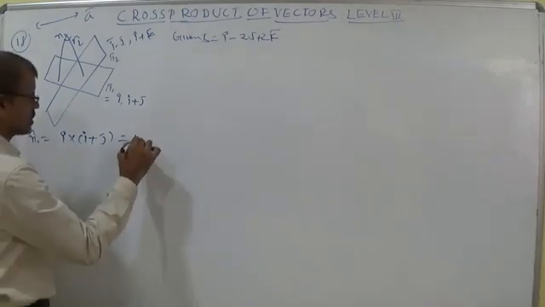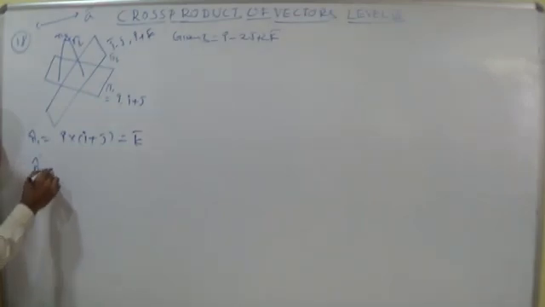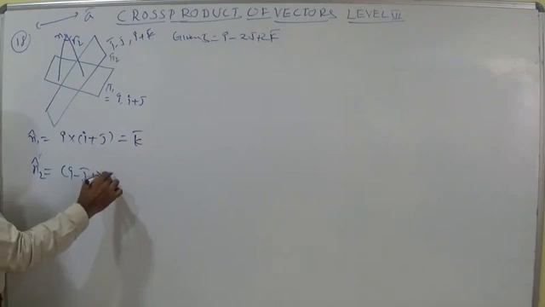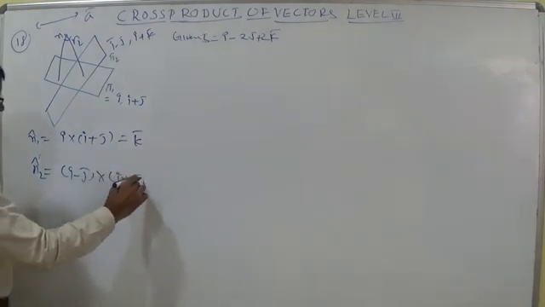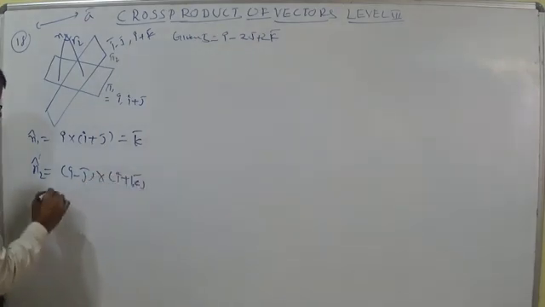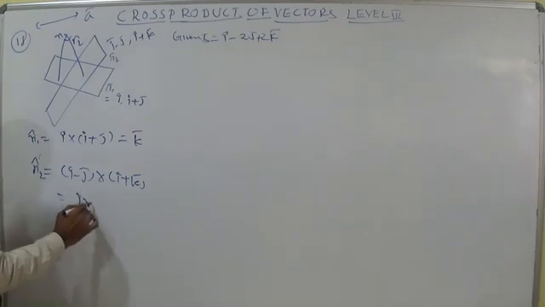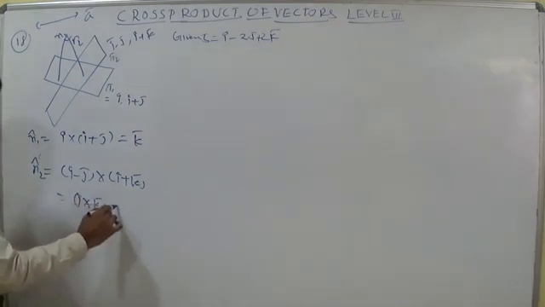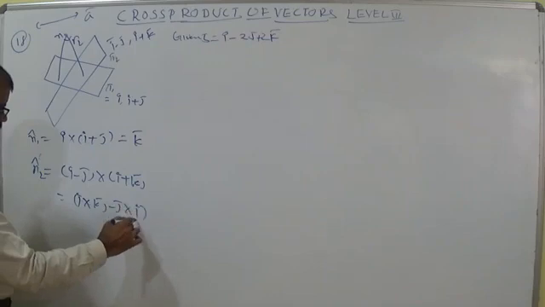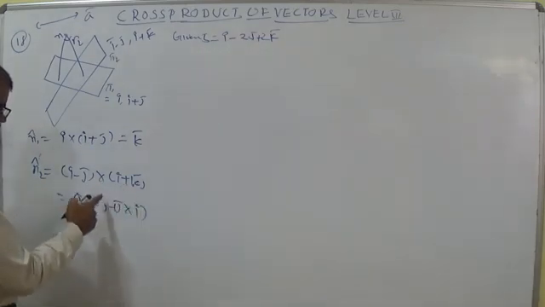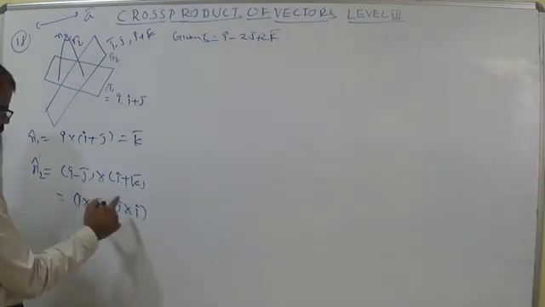I cross j becomes k, only k. Next n2 cap is equal to i minus j cross i plus k. Here i cross i is 0, i cross k, minus j cross i.